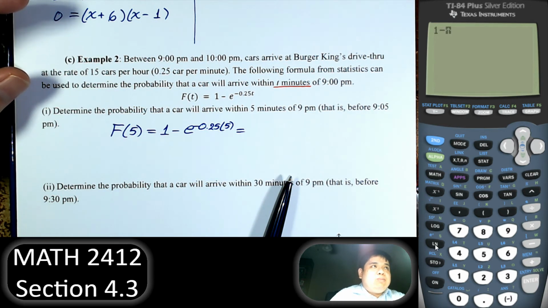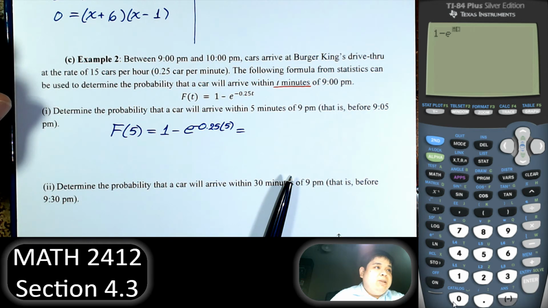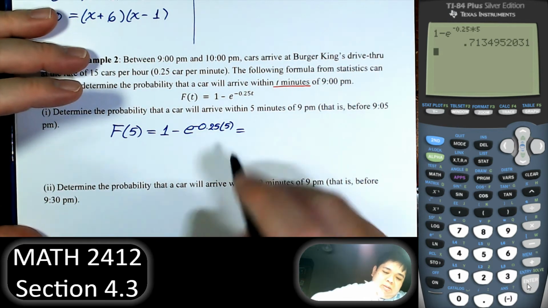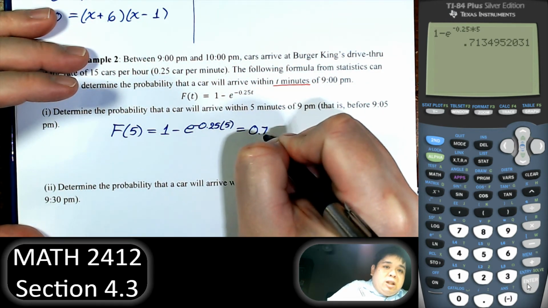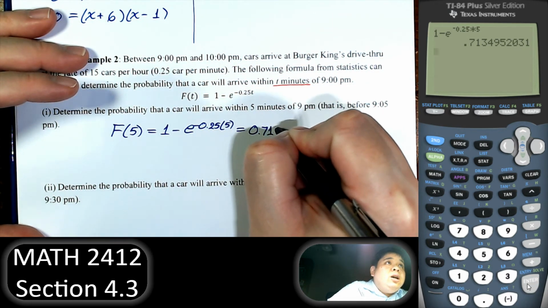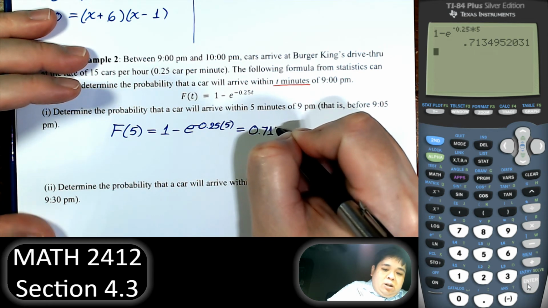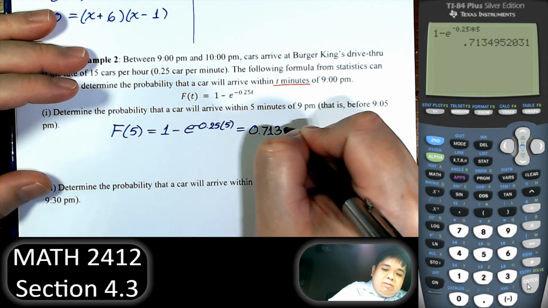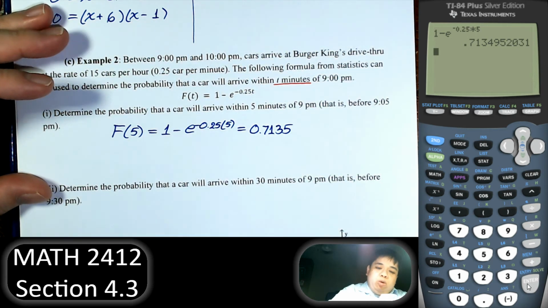Either we use this button, where we have e to the x already, or if we use this button, then we have to enter the power. Either way, we have 0.7135. Yeah, 4 decimal places, let's say that.